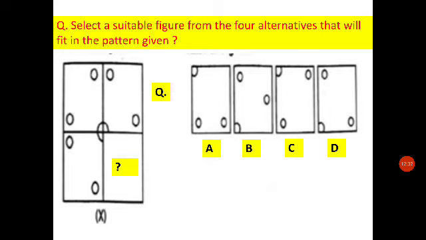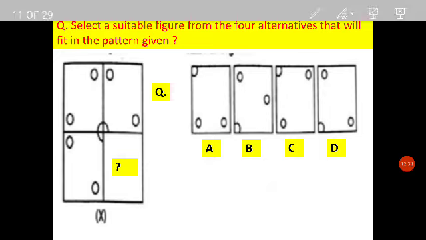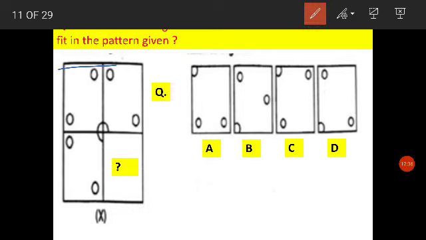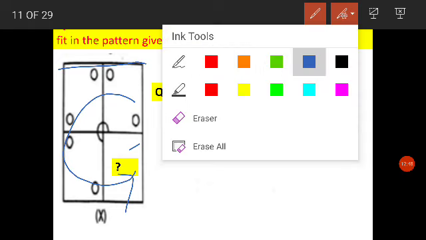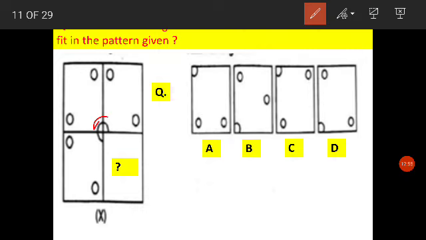Now this question, there are 4 figures given. You have to find out the next figure in this square. So here if you see carefully, there is a dot here which has got cut here, and then there are 2 dots here in the corner.